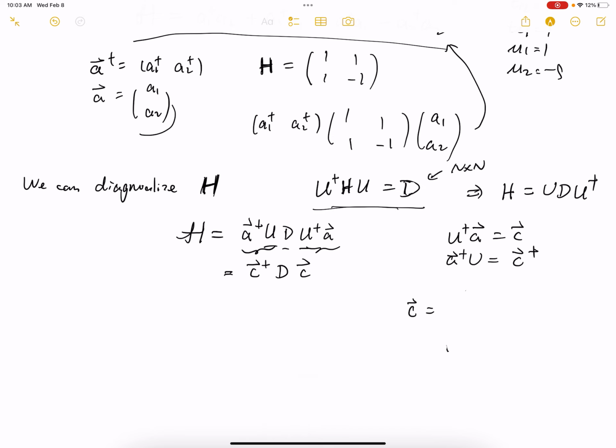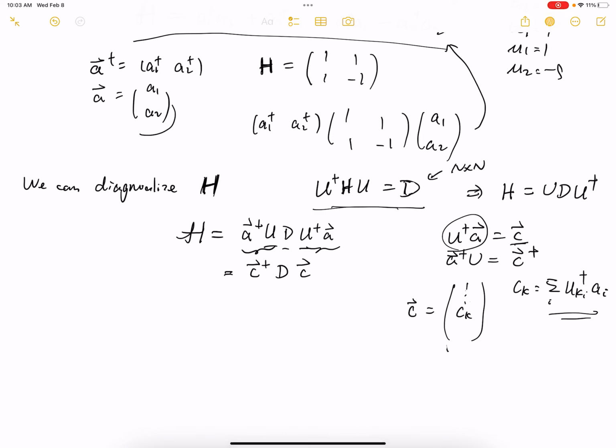Suppose I have an element called CK, then this CK will be a sum over I of UKI dagger times AI, just because I'm doing a matrix-vector multiplication, and then the Kth element of this vector is going to be given by this.